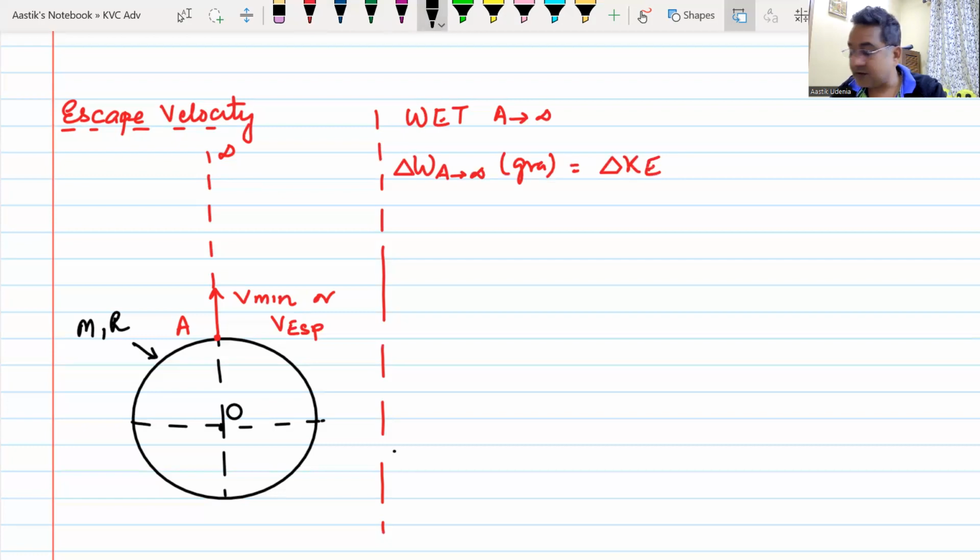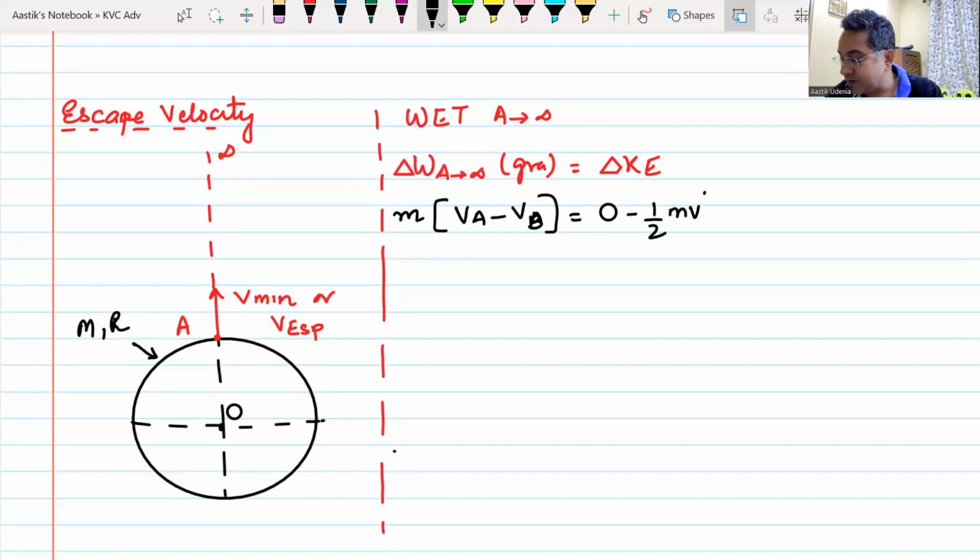What is the work done by this gravitational force? So this will be m into potential at point A minus potential at point B. That should be equal to change in kinetic energy. The final kinetic energy at infinity will be 0, and the initial kinetic energy will be half mv square. Do we understand this? Potential at point B, which is infinity, is 0.